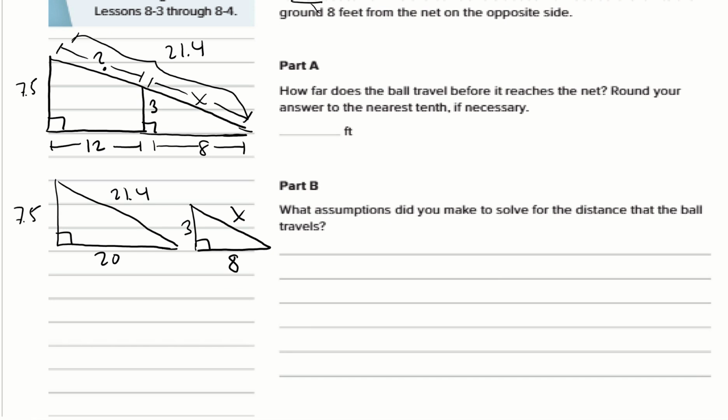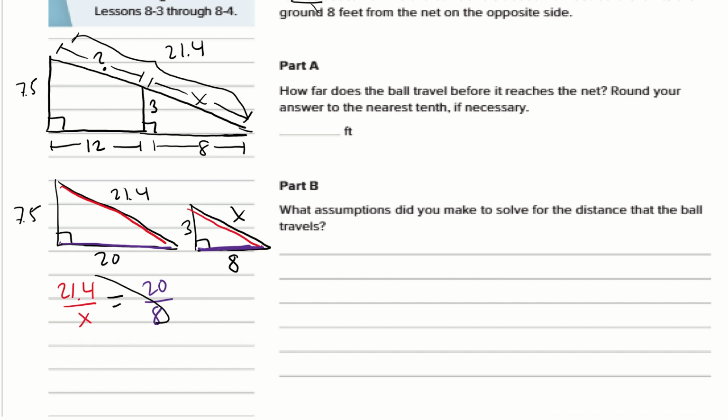So we're going to say that, okay, we know that 21.4 matches up with x. We know that 7.5 matches up with 3. Or you could say 20 matches up with 8. So let's do that. 20 matches up with 8. Okay, so we got 21.4 is to x as 20 is to 8.